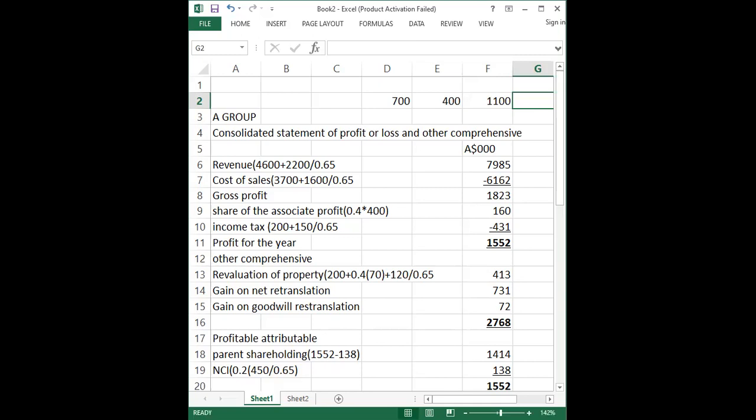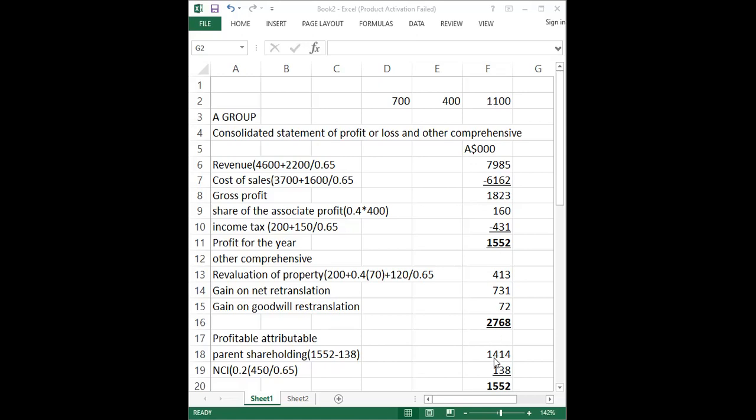Let's now find the parent share of the subsidiary profit: 0.8 times 450, which gives 360. Then 360 plus 1,100 will give you 1,460. That is the total parent profit for the year.